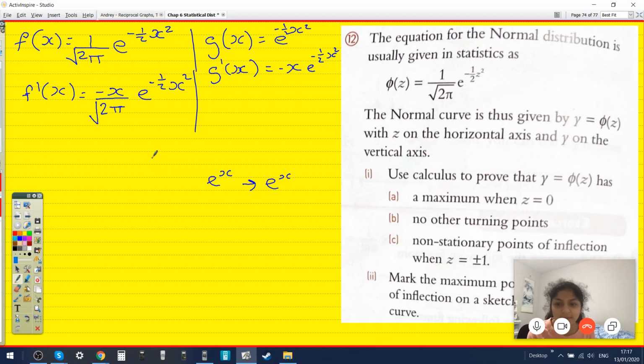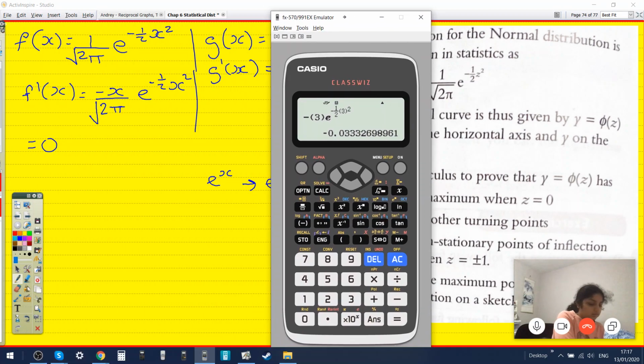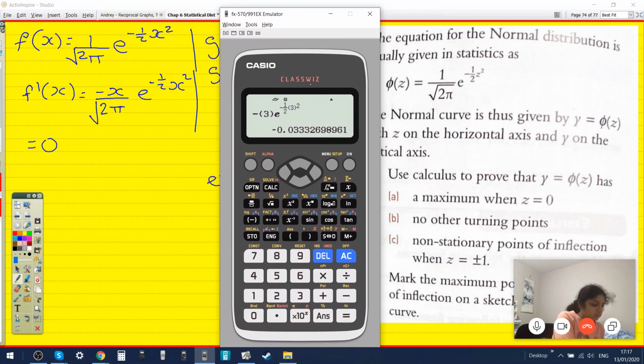And then you have to solve that equals 0. So that is equal to 0. And you could use a calculator. We could try to use the calculator.